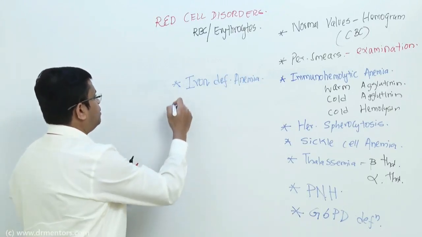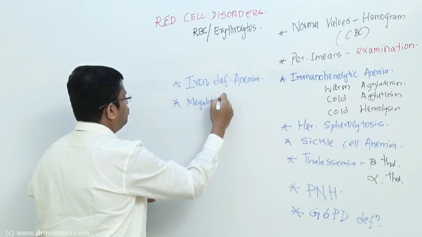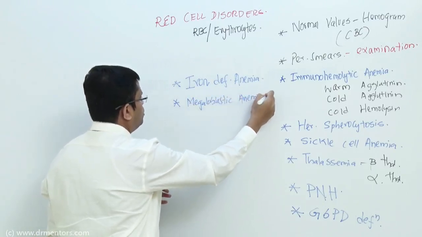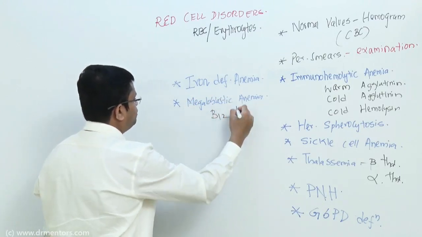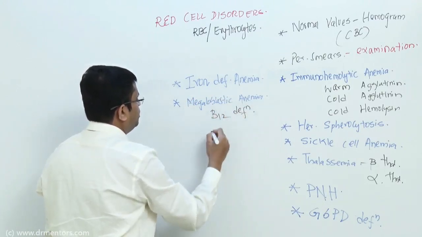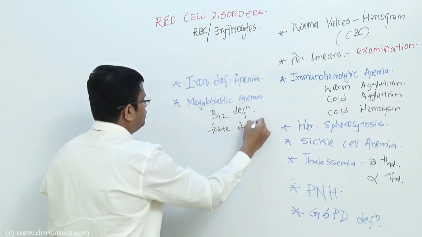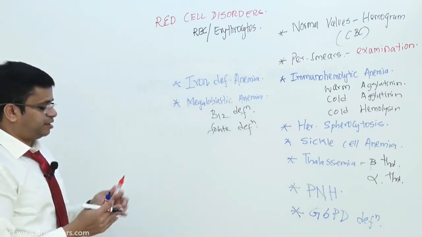Then megaloblastic anemia. We'll talk in detail about B12, that is cobalamin deficiency, and folate deficiency. Iron deficiency, megaloblastic anemia.